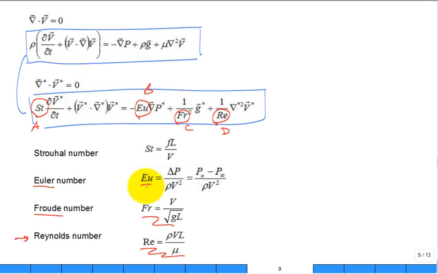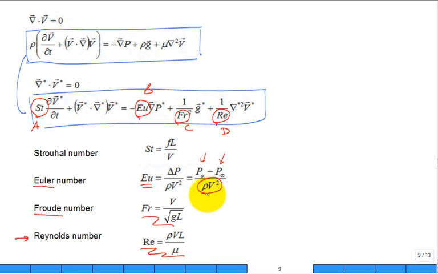It characterizes that pressure difference. Let's think of that as our maximum stagnation pressure. It doesn't have to be, but it's P naught, minus P infinity. So this is our pressure difference. And you normalize it by what?